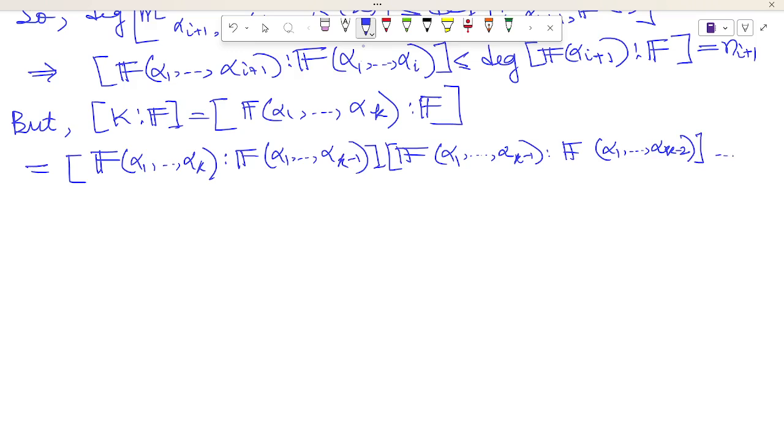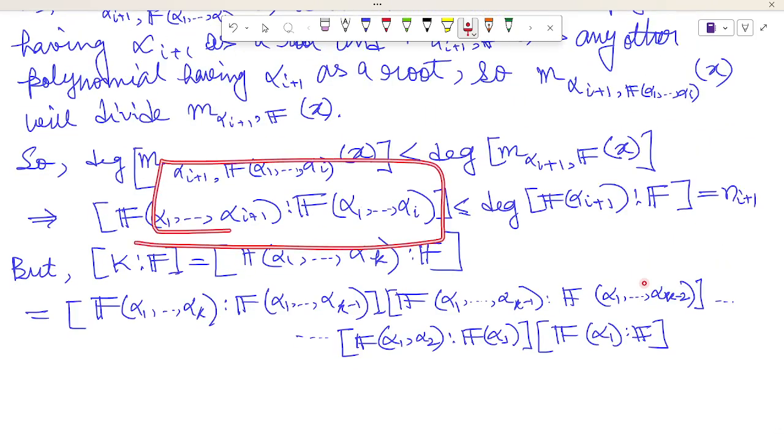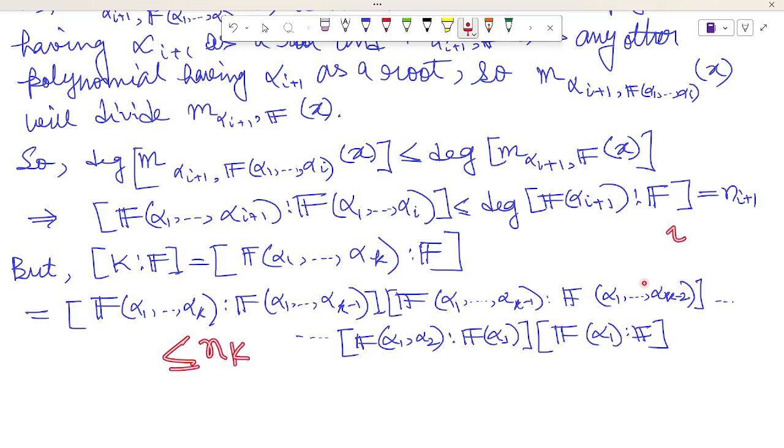This way I will get the product, the last thing. But we showed that if we put i equal to k minus 1, then I will get this thing. So this is less than or equal to nk, because i plus 1 will be k minus 1 plus 1, small k.